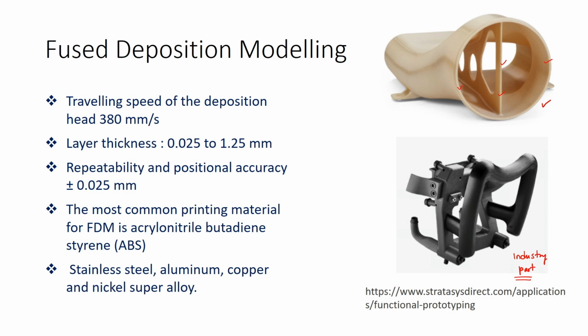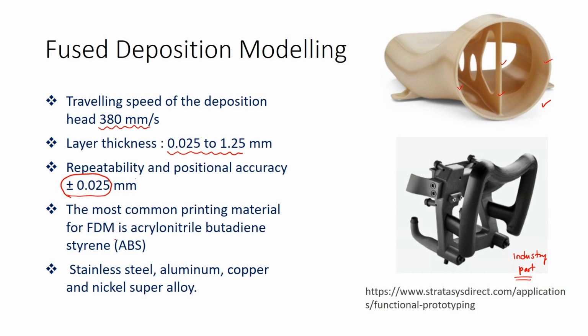Some important parametric data can be seen on your screen. In general, the travelling speed of FDM is about 380 mm per second. We can have a layer thickness between 0.025 to 1.25 mm. The FDM process gives us repeatability and positional accuracy of about plus or minus 0.025 mm.